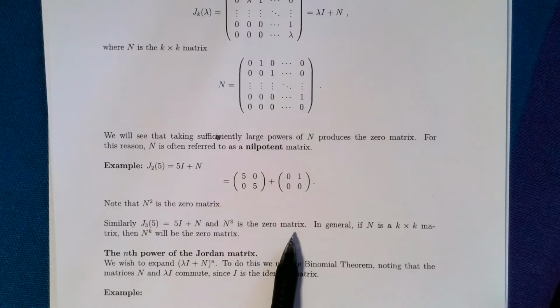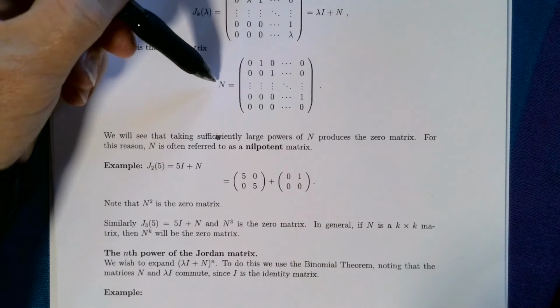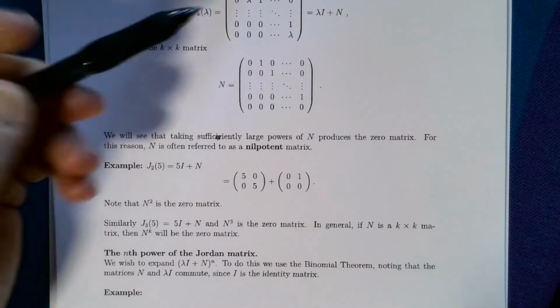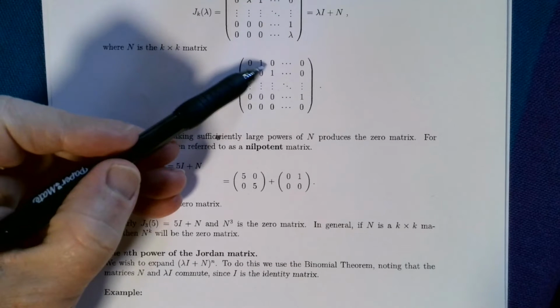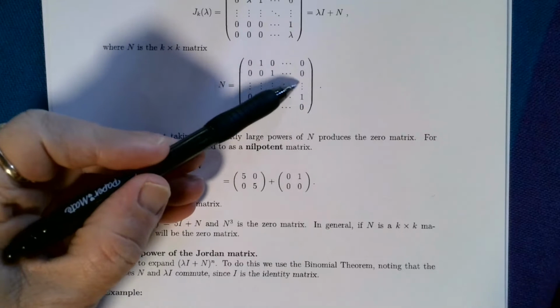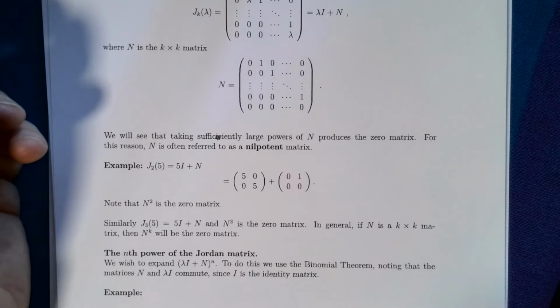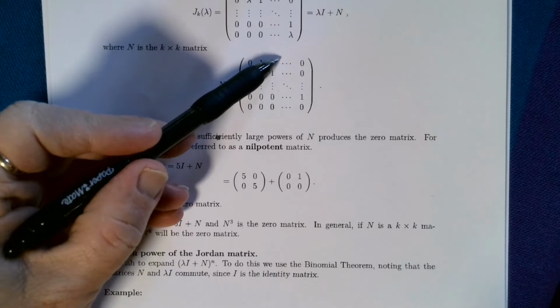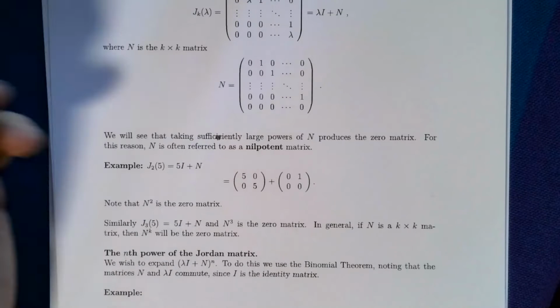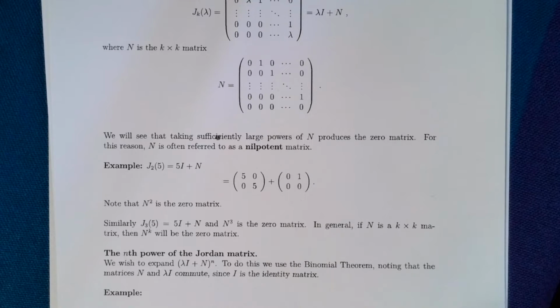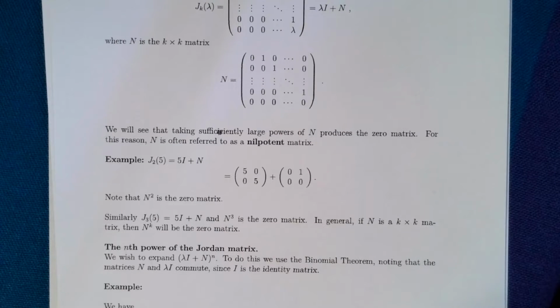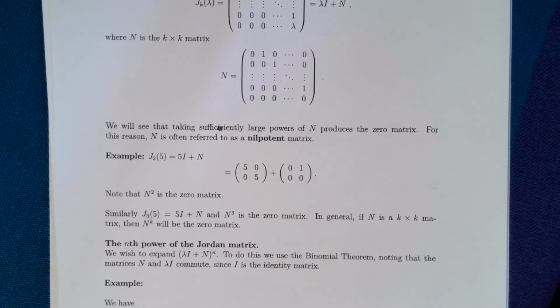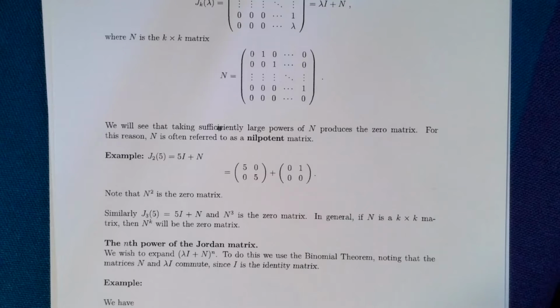So what's happening in general here, if you take your nilpotent matrix, if you square it, it moves all the ones up one level in this minor diagonal. If you cube it, then you move the ones up to the next level, and eventually they're going to disappear, and a certain power of the matrix will give you the zero matrix.